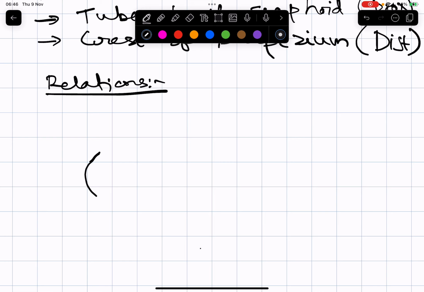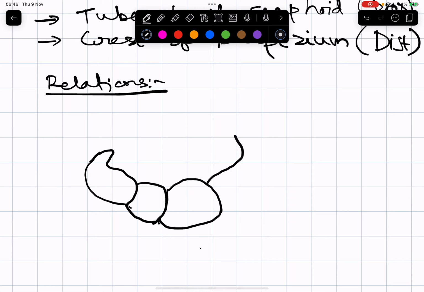So starting with, this is the trapezium bone with its crest, groove, etc. Then there comes the trapezoid, and this bone is the capitate bone, and then we have the hamate bone, right? So with the hook, right?